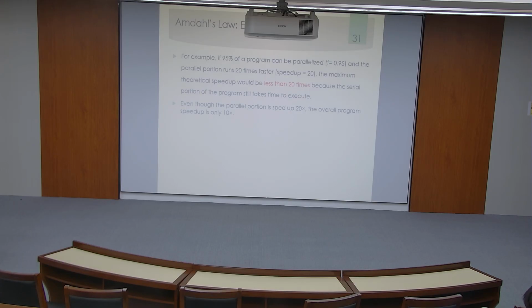Then we have f, which is 0.95, divided by 20. Then you find what? This is the overall speedup of the system, because we still have 1 minus 0.95, which can only run in serial.